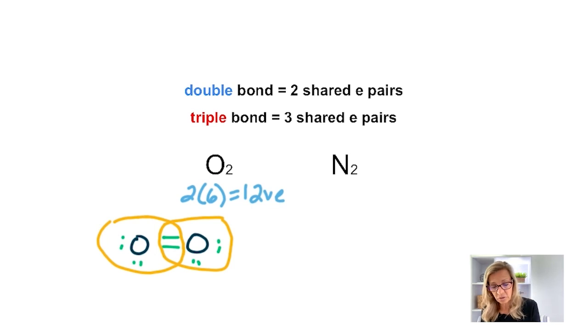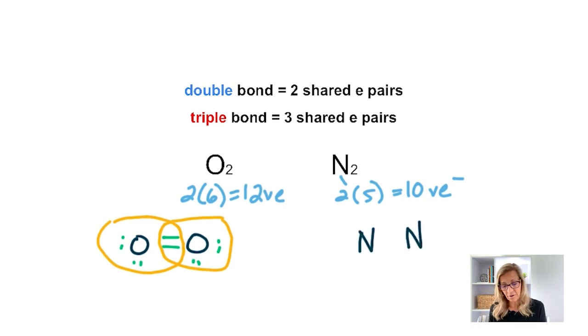Now let's do nitrogen. Each nitrogen only has 5 electrons, and I've got 2 nitrogens. So now I've got 10 electrons. So let's draw our 2 nitrogen atoms. And I can tell right now that I'm going to need to triple bond this. 2, 4, 6, 8, 10.